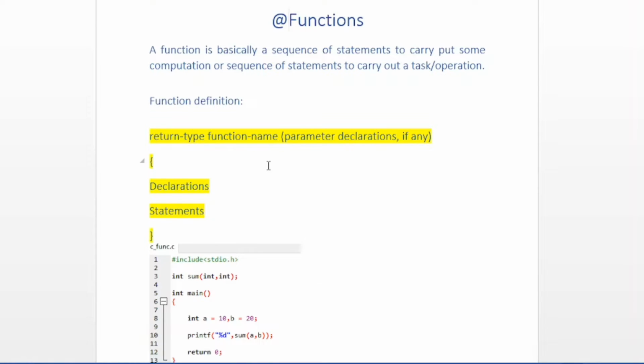So what is basically a function? A function is basically a sequence of statements to carry out a particular operation or task. Like I am having some function addition, and inside the curly braces we define the body of the function. Inside these curly braces I will have a set of statements that implement the logic for this addition.